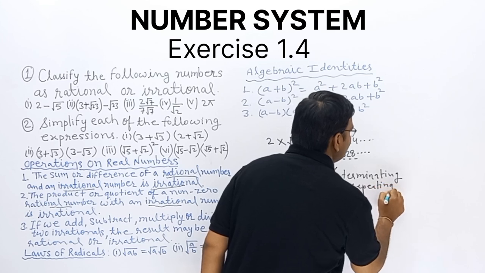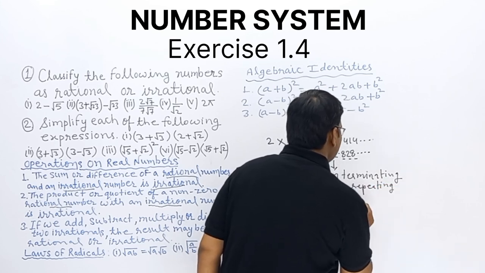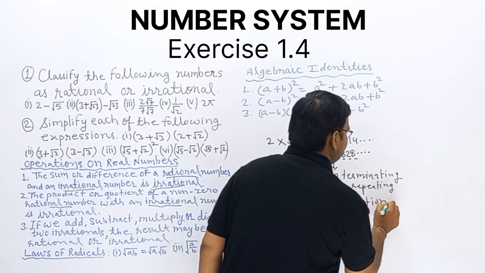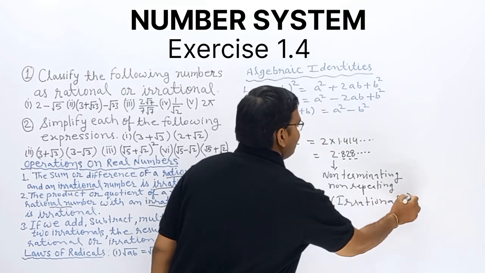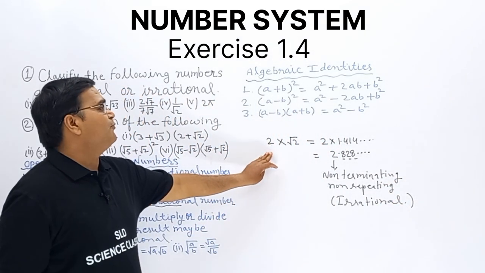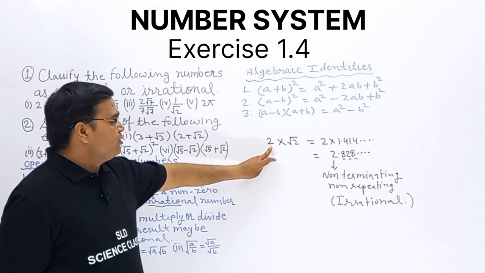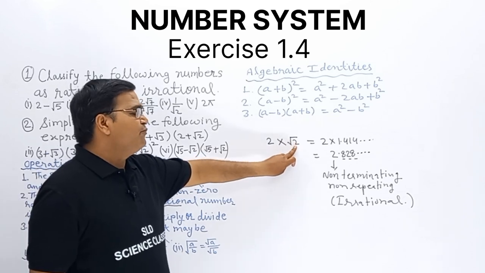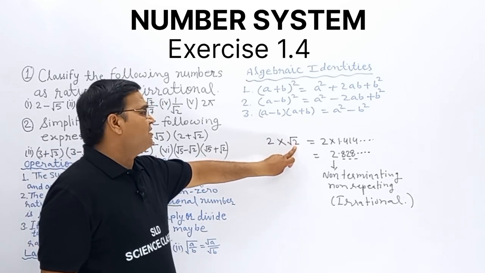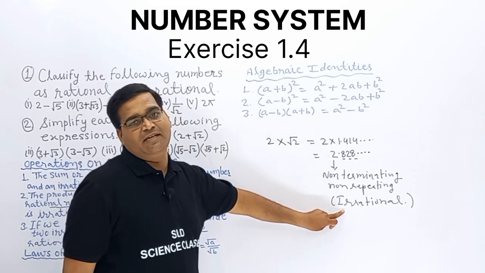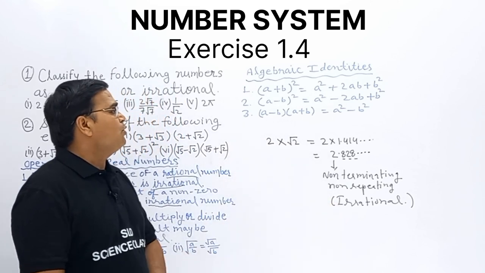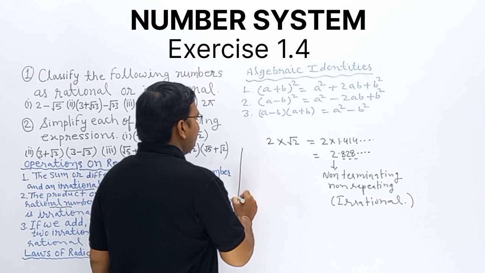This is an irrational number. So the product of one non-zero rational and one irrational, result will be what? Irrational.